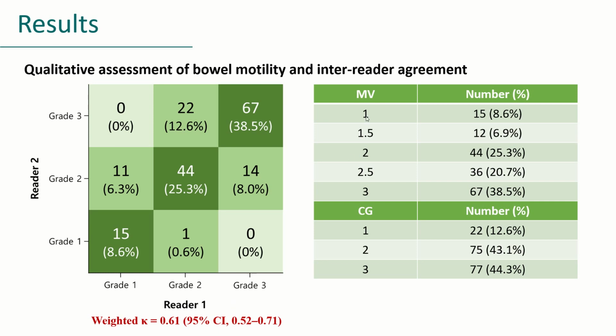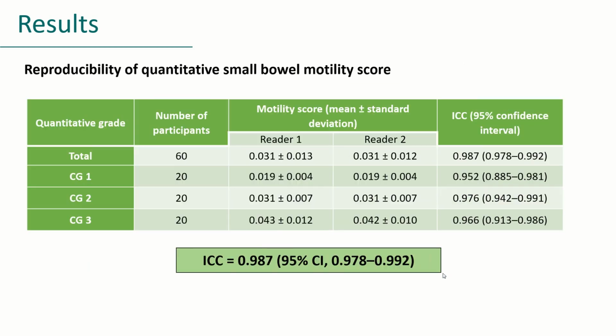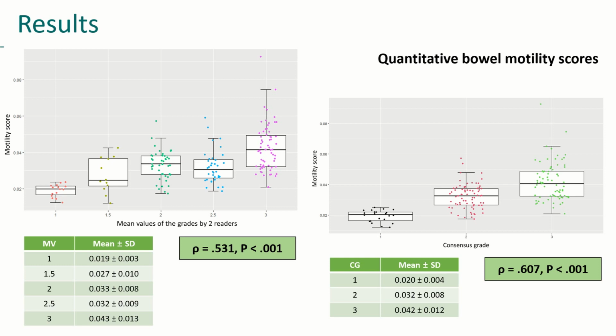The MVs were 1 in 15, 1.5 in 12, 2 in 44, 2.5 in 36, and 3 in 67 participants. The CCs were 1 in 22, 2 in 75, and 3 in 77 participants. Motility score reproducibility was excellent with an ICC of 0.987.